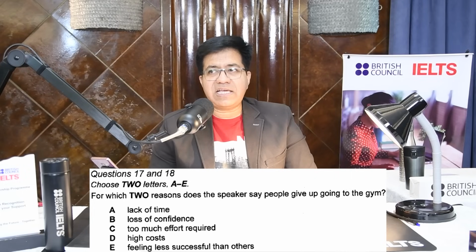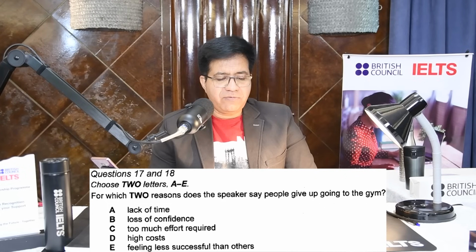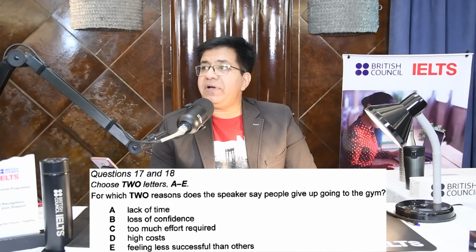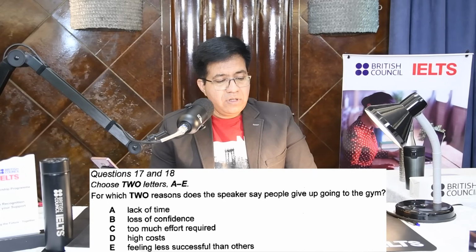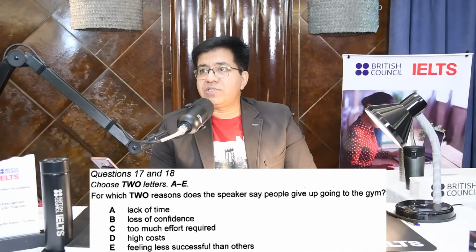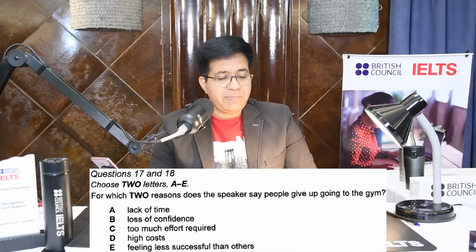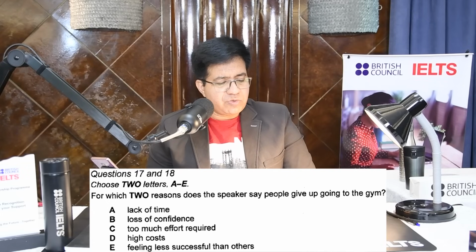Like they say, it takes a lot of energy, a lot of effort, or a lot of determination. And for effort, they may use the word hard work. It needs a lot of hard work. Option D, high costs. For high cost, they may use the word gyms are very expensive, right? But they are saying for which two reasons does the speaker say people give up going to the gym?